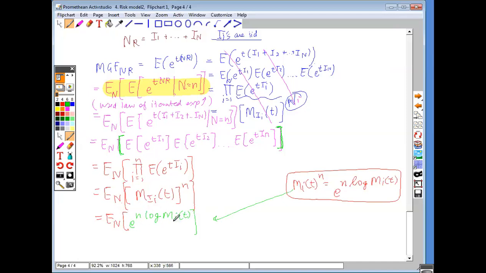So now how does this look like? Can you summarize this again for me? Anyone? So I have e raised to n, which is a constant, and then I have log MIT, and this is expectation of n.